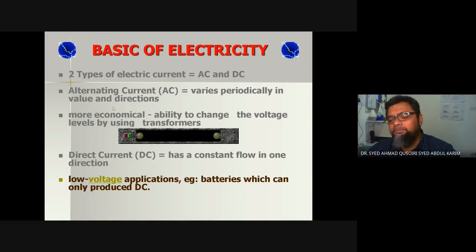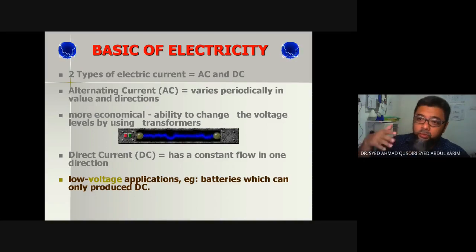Both were actually discovered but promoted by two competing inventors. The AC was popularized by Nikola Tesla. He is an inventor, but unfortunately he is not a businessman.